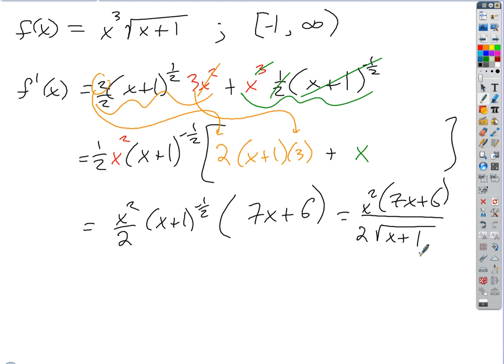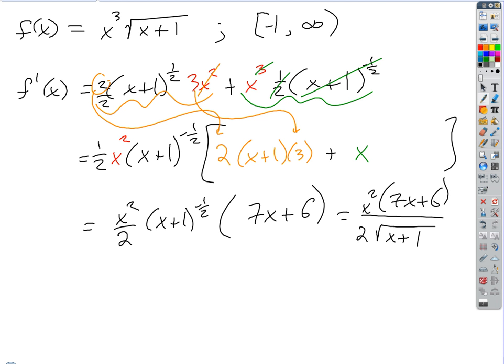But wouldn't that make it harder to find the zero? Right, because now I know the zeros are going to be where the top is 0, and the undefined places are where the bottom is 0, okay? But where is the bottom undefined? It's undefined only in places that aren't in our domain, except -1, right?